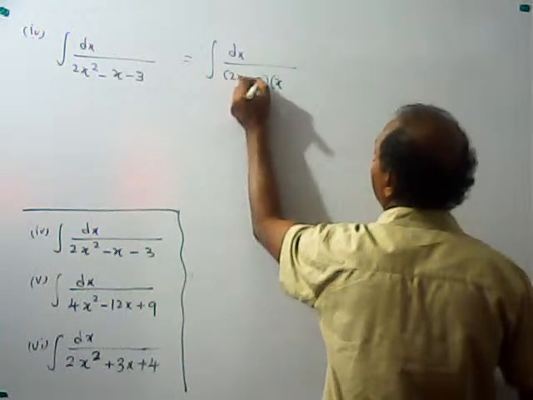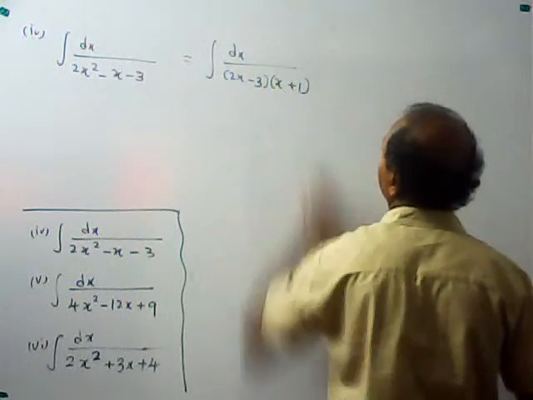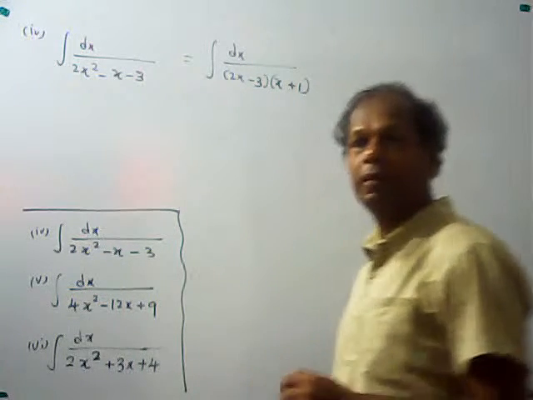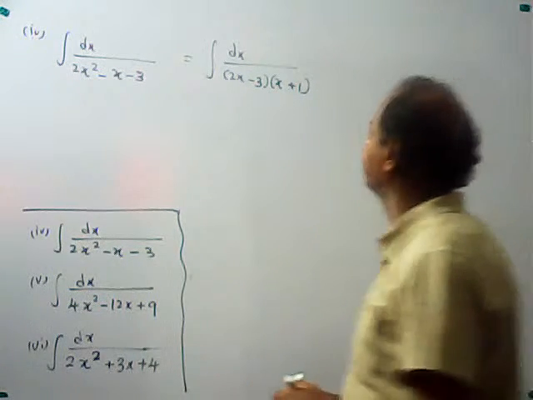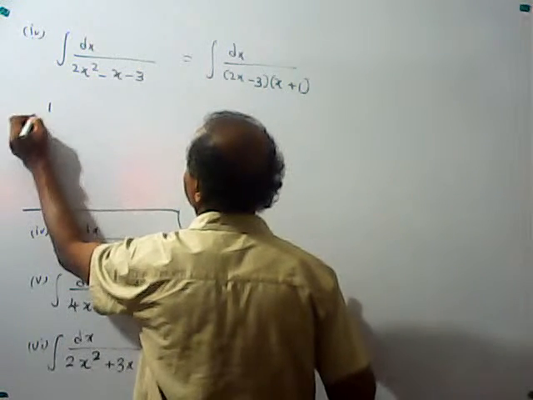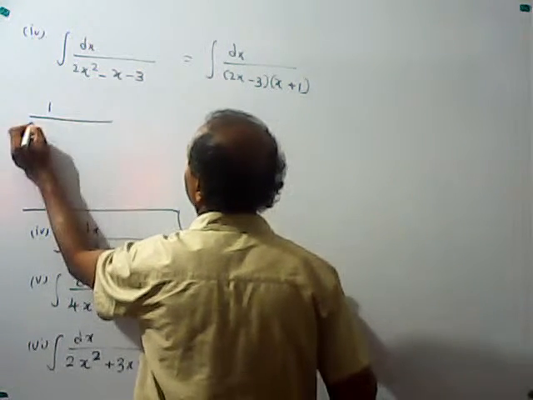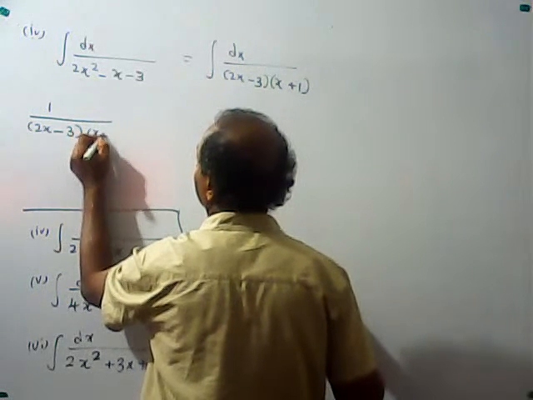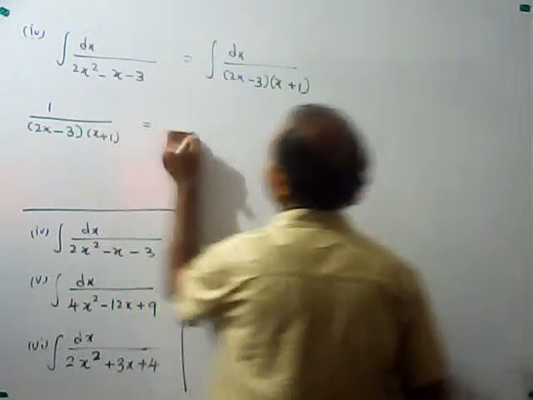You can write -3 and +1. Then find partial fractions.